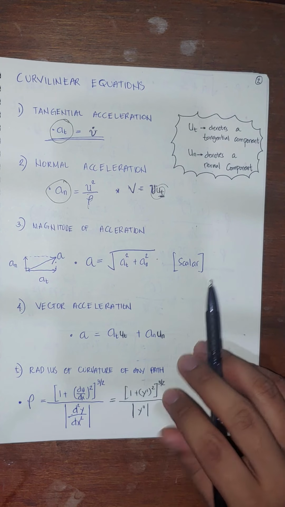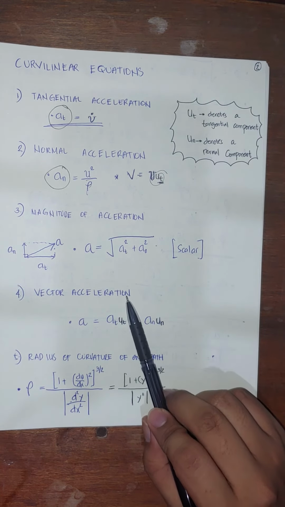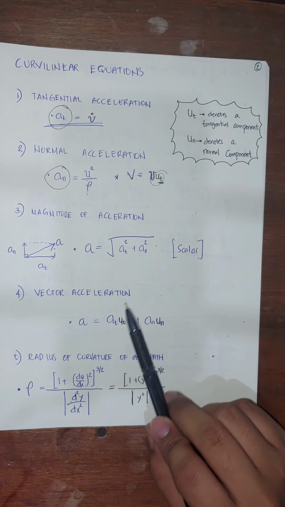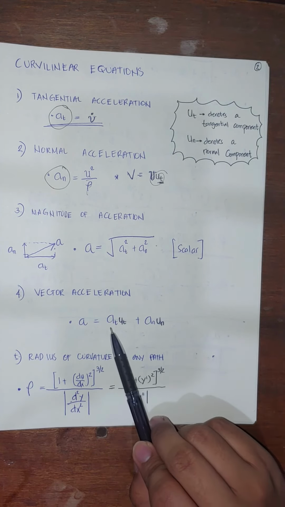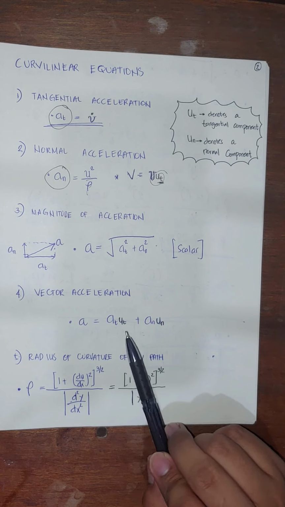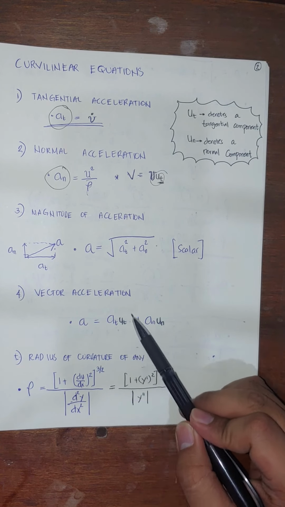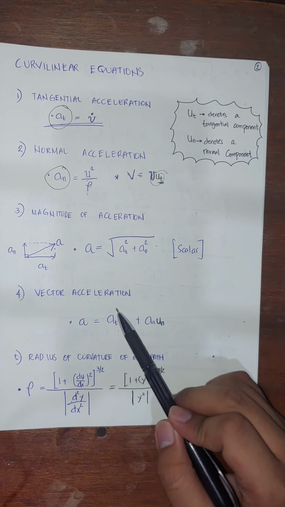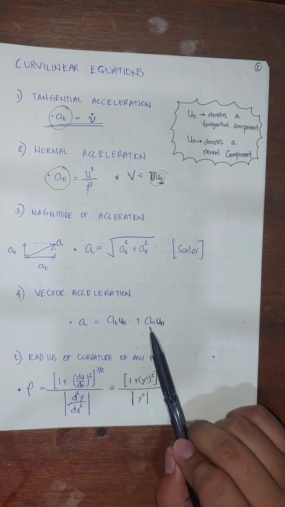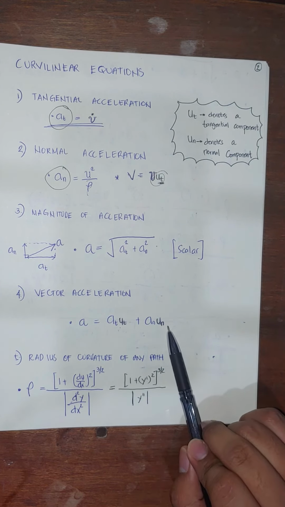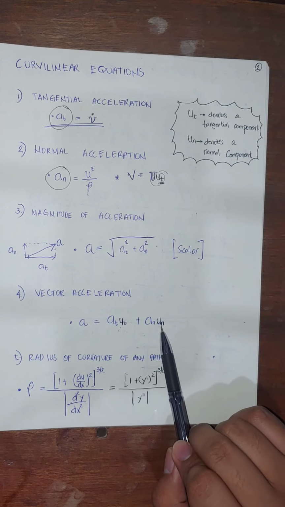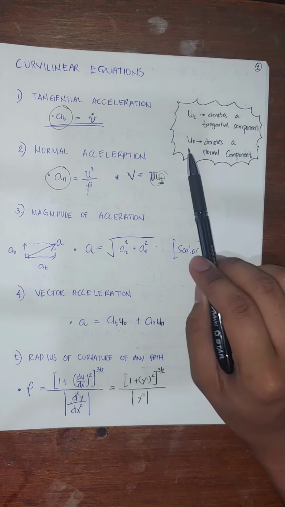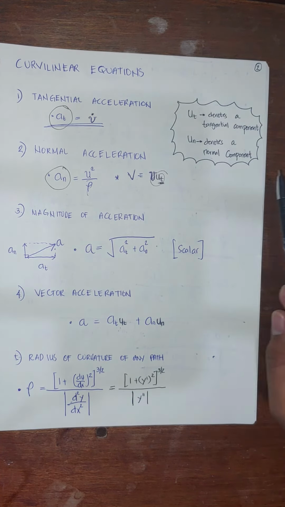If you were asked for the acceleration in its vector form, then we can use this: A is equal to a sub t u sub t plus a sub n u sub n. These have no value; they only show the direction of the acceleration. U sub t denotes a tangential component, and u sub n, a unit vector, denotes a normal component.